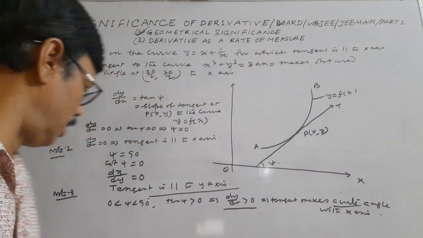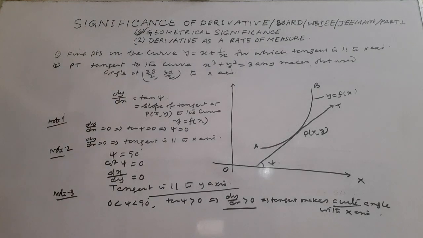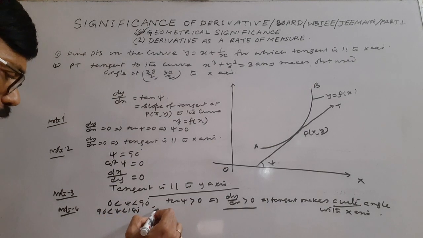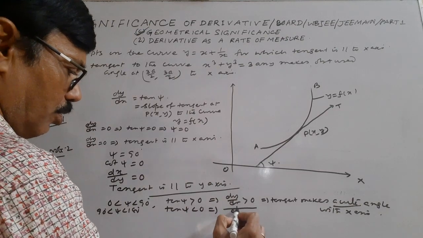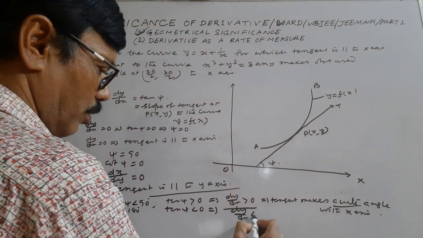And finally, note 4. If 90 degrees is less than psi less than 180, it is obtuse. Tan psi is less than 0, so dy by dx is less than 0.